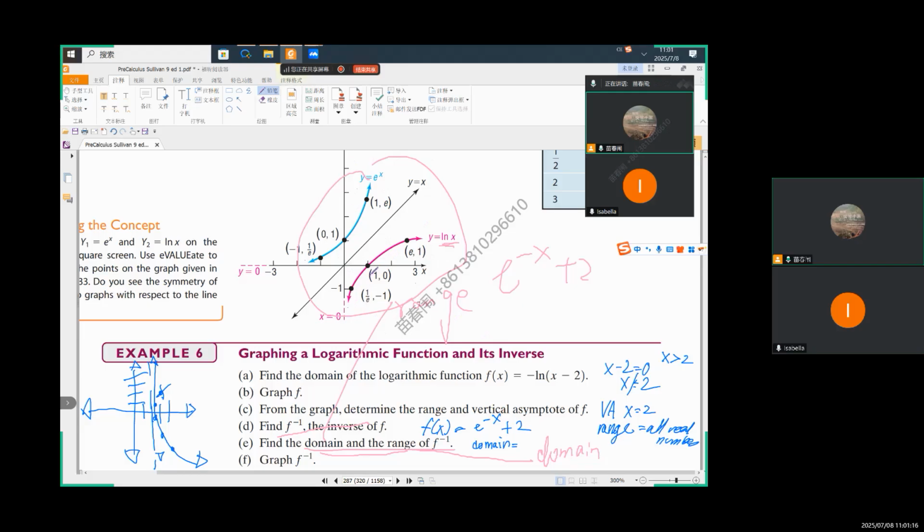And also because the inverse maps x into y into x, so your domain is that range, and your range is that domain. Is that making sense? Because it's inverted. But wouldn't it be like x 0? Oh, wait. No, because e to the 0 will just be 1. Okay, that makes sense.